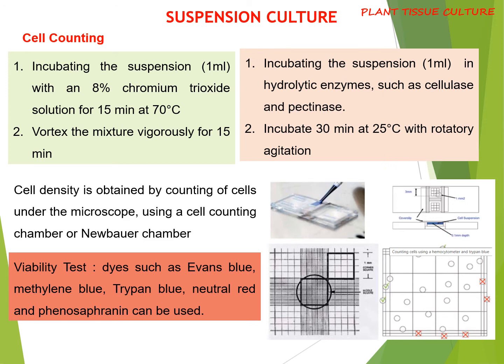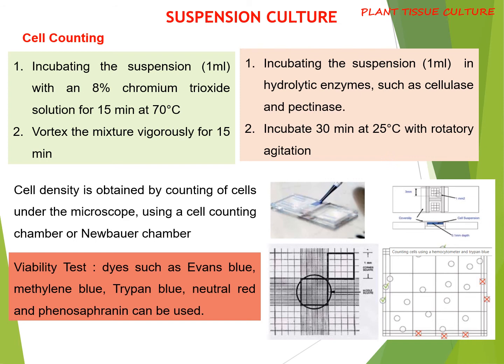The main disadvantage of this method is the cells lose their viability. An alternative method for disintegration of cell aggregates is incubating the suspension in hydrolytic enzymes such as cellulase and pectinase for 30 minutes at 25 degrees centigrade with slight agitation.